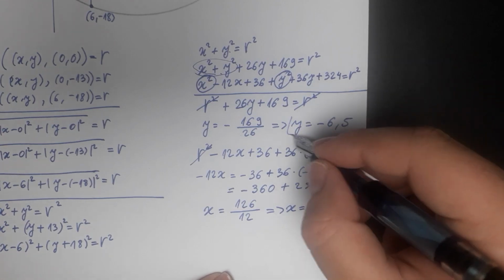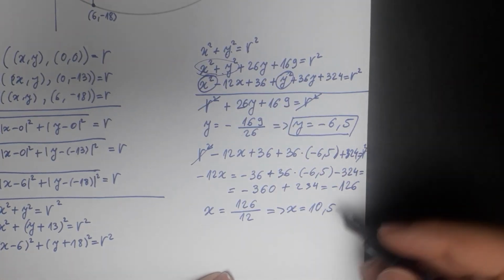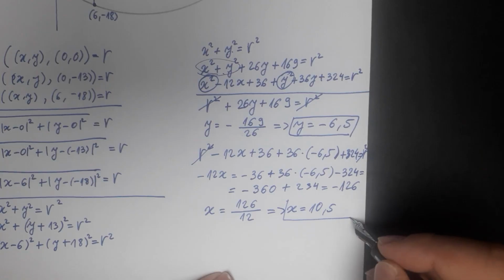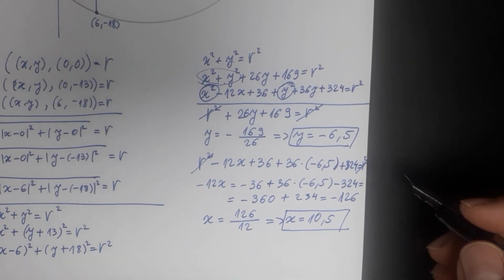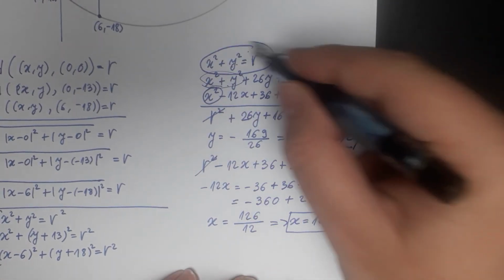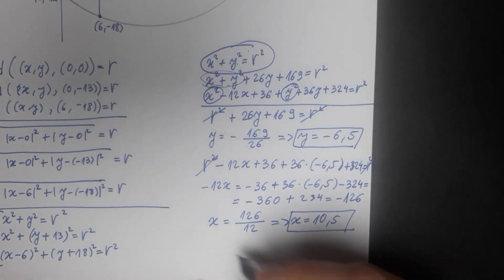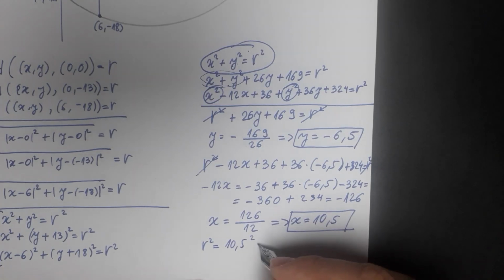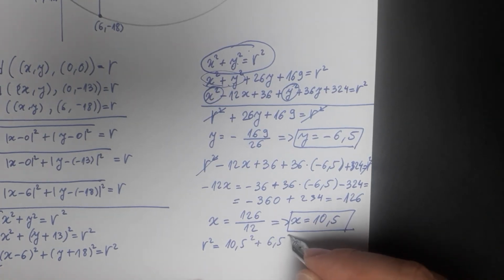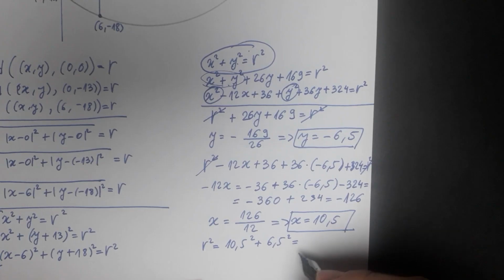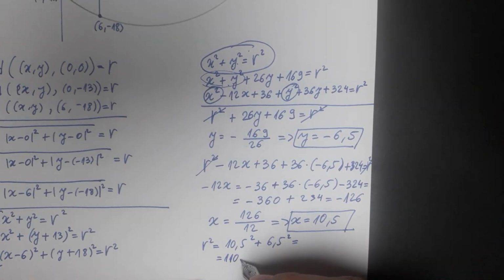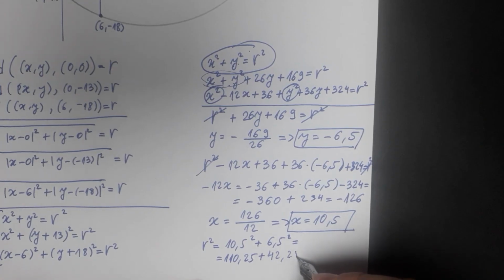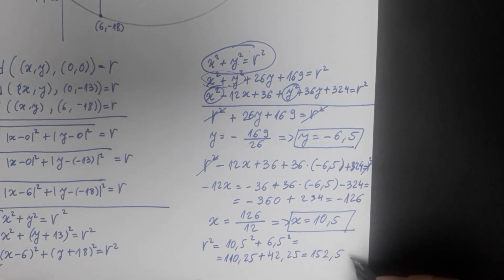When we return the values of y is equal to negative 6.5 and x is equal to 10.5 into this equation right here, we get that r squared is equal to 10.5 squared plus 6.5 squared, which is equal to 110.25 plus 42.25, which gives us 152.5.